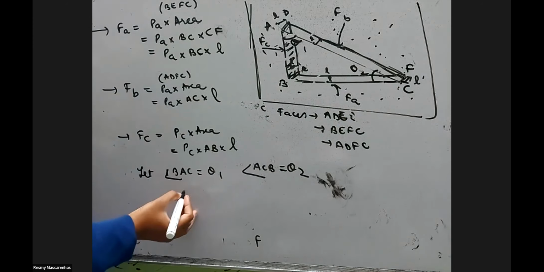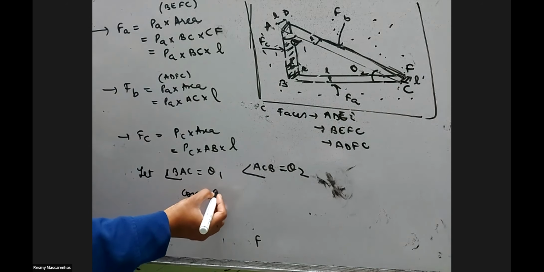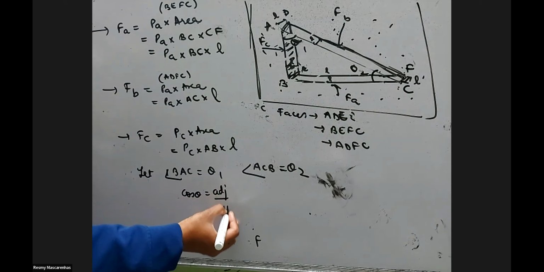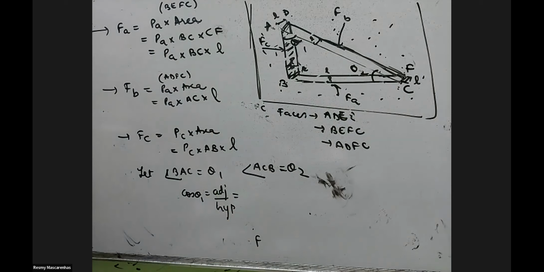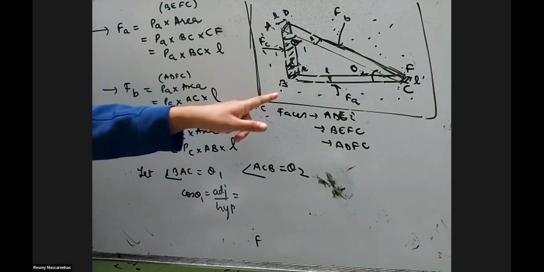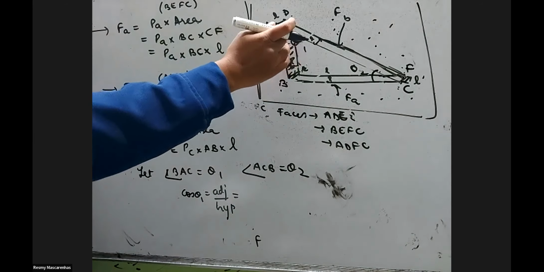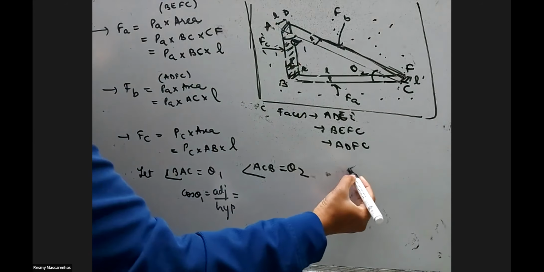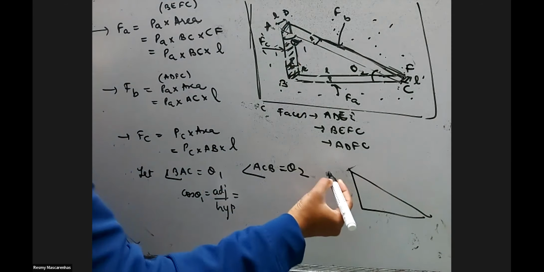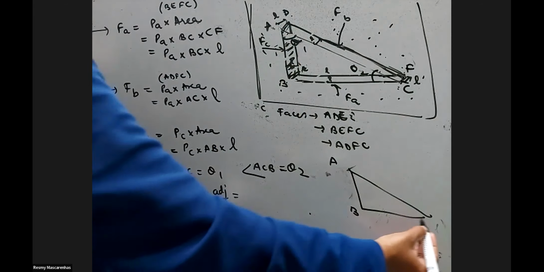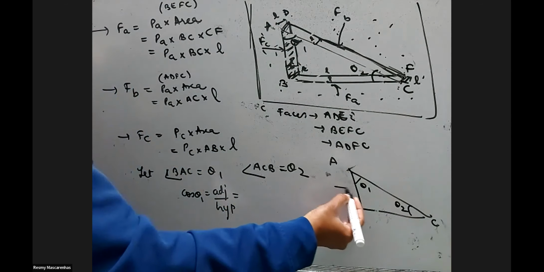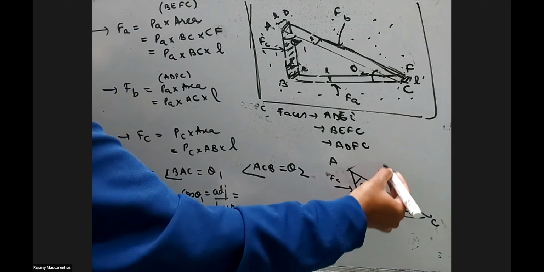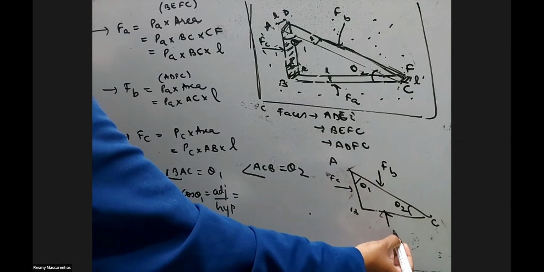So we'll find what is cos theta. Cos theta is always what? Adjacent upon hypotenuse. So I'll find what is cos theta 1. Which is the adjacent side? Now consider this triangle. I'll just draw it separately here so there's no confusion. A, B, C. This is theta 1. This is theta 2. What is here? Fc, Fb, and Fa.